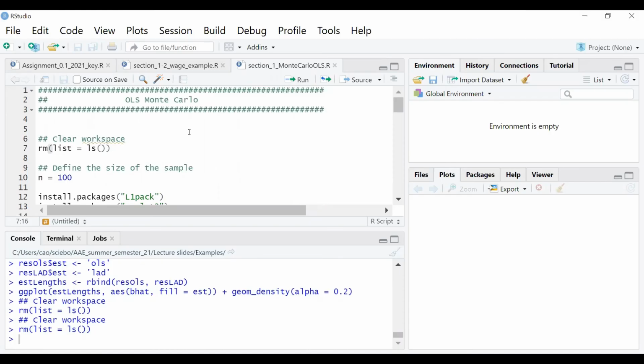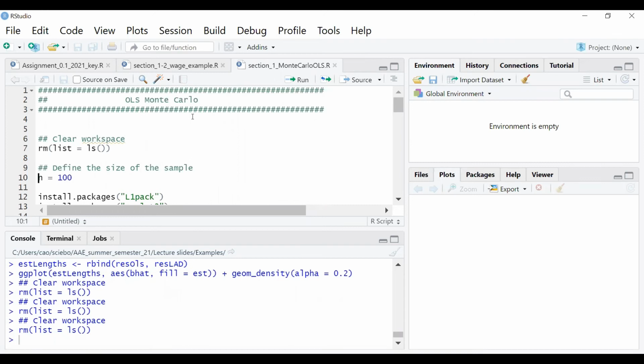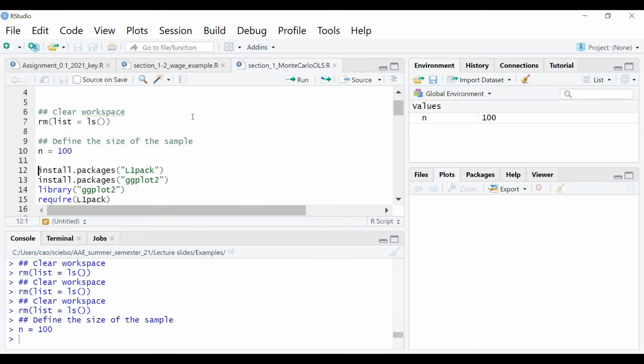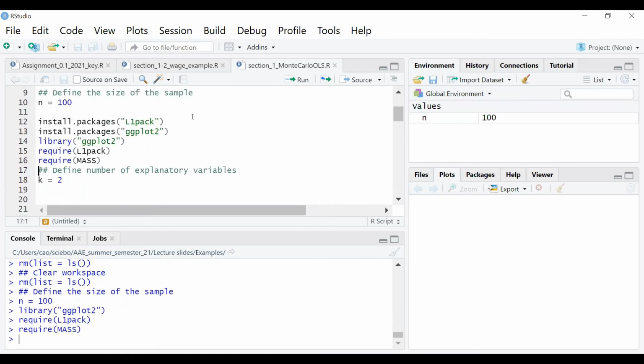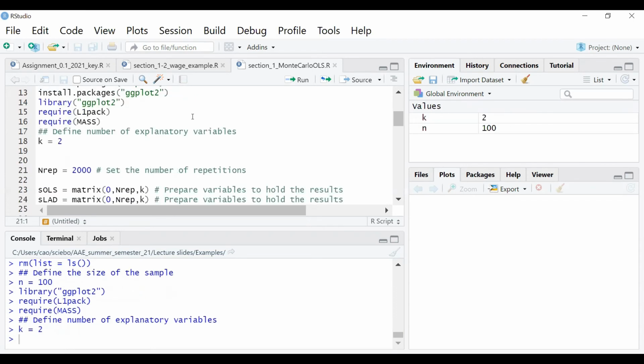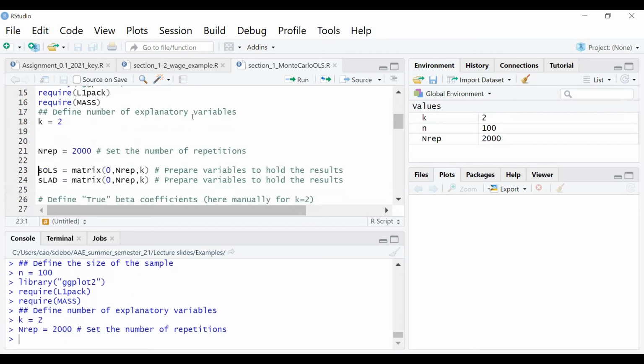Okay, so this R script is called OLS Monte Carlo. I put it on eCampus, so you can check it yourself. So, like I said, the first thing I always do is remove all the objects. And I set the sample size to 100, so 100 observations for each sample. And we need some certain packages for plots and drawing samples also. We have two random variables, and like I said, we draw 2,000 samples.